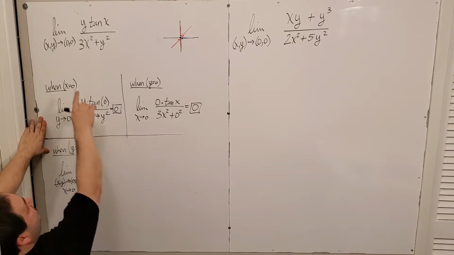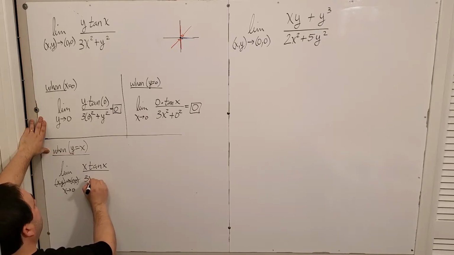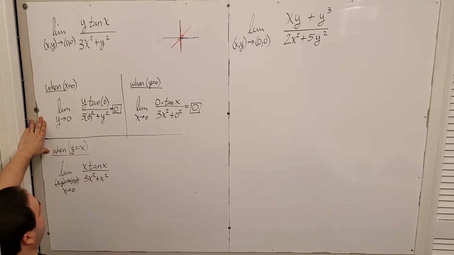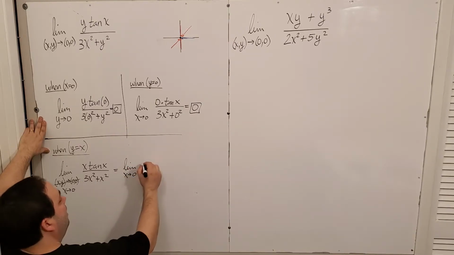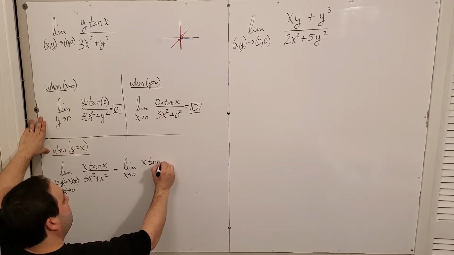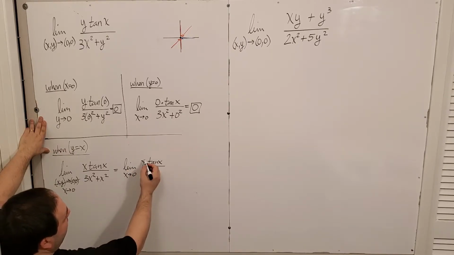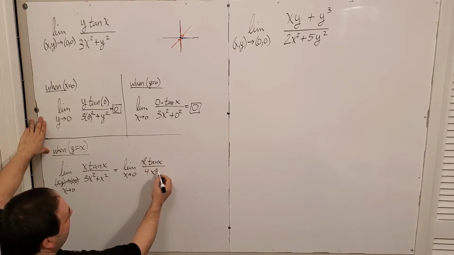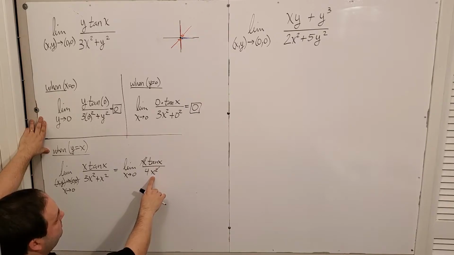And y equals x, so everywhere I see a y, I'm going to put an x. x tangent x over 3x squared plus x squared. So that's going to be equal to the limit as x goes to 0 of x tangent x over 4x squared. Well, I can reduce this, right? I can take an x here and an x there, and that's going to leave me with tangent x over 4x.